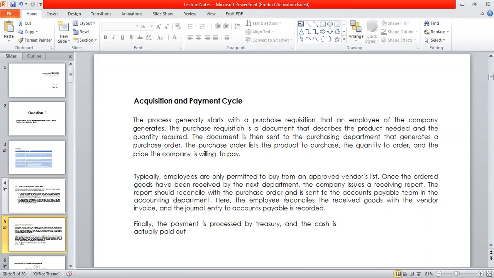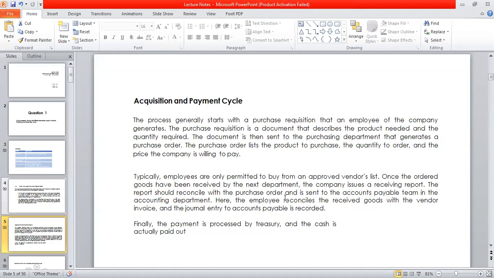Under normal circumstances, the company's buyers are usually permitted to buy from an approved vendor list. That is, the company should have a list of suppliers that the buyers are allowed to buy from.